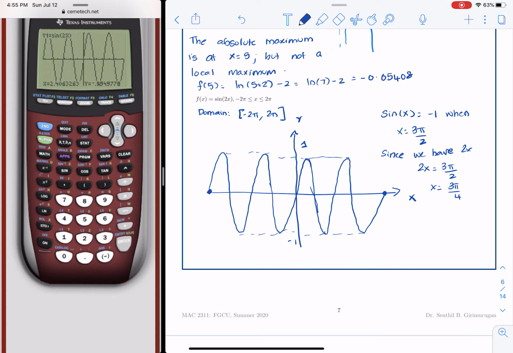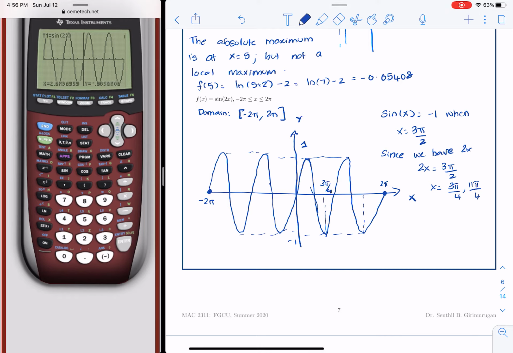So we have negative 2 pi there, and that over there would be 3 pi over 4, and that would be positive 2 pi, and that would be 3 pi over 4 plus 2 pi. That would give me 11 pi over 4.